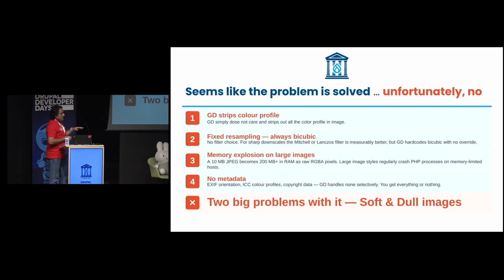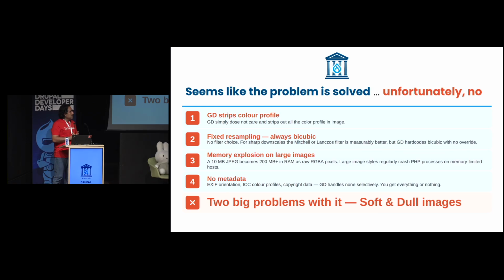I looked into it a little and found out the problem is the engine we're using, which is PHP GD, and it has two major problems. It produces soft and dull images; it wipes out the color from the image. The two main reasons are, first, it strips out all the metadata the images have, including the color profile.